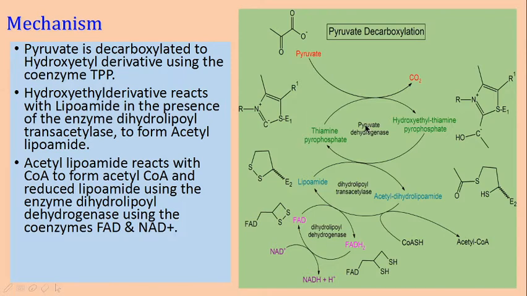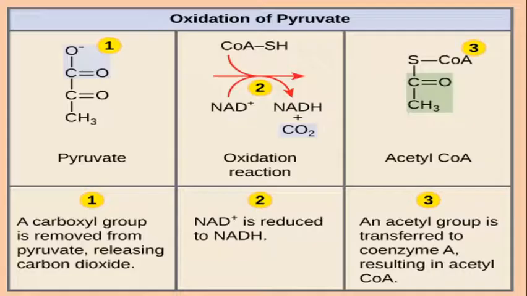It is embedded with pyruvate dehydrogenase, which will utilize TPP as its coenzyme, then dihydrolipoyl transacetylase, which will use lipoamide as the coenzyme, then dihydrolipoyl dehydrogenase, which will utilize FAD and NAD+ as coenzymes. The dihydrolipoyl transacetylase will also utilize coenzyme A along with lipoamide. So these are the 5 coenzymes and 3 enzymes involved in converting pyruvate to acetyl CoA.